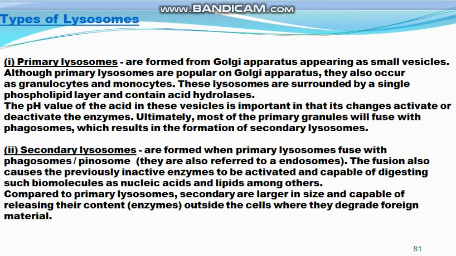So we can say that primary lysosomes are smaller in size and secondary lysosomes are larger in size, and they are capable of releasing enzymes outside the cells where they degrade foreign material. So these are the secondary lysosomes.